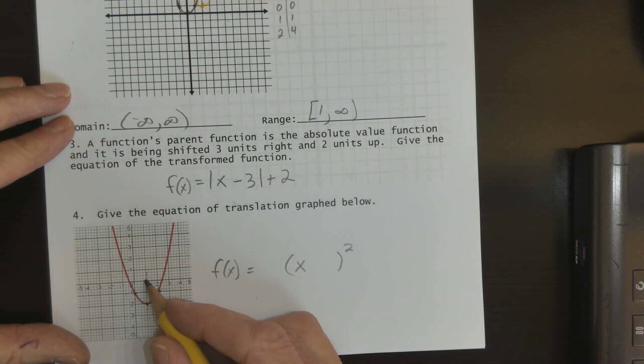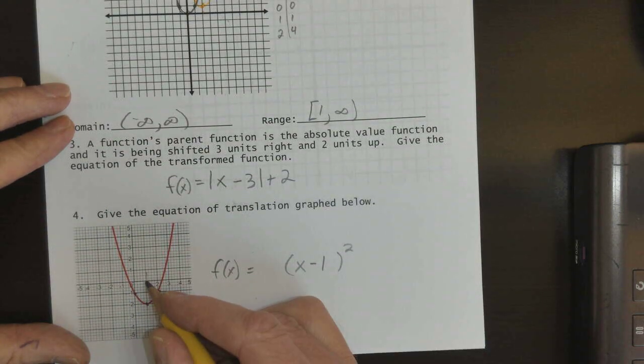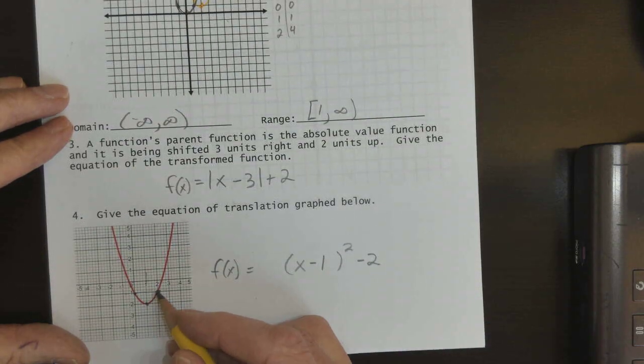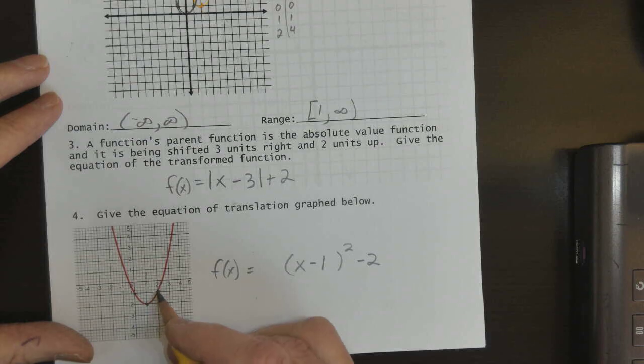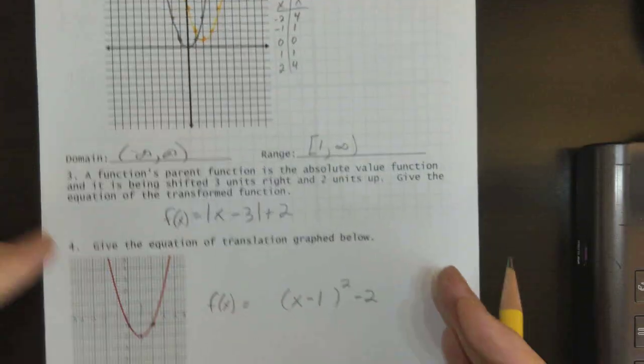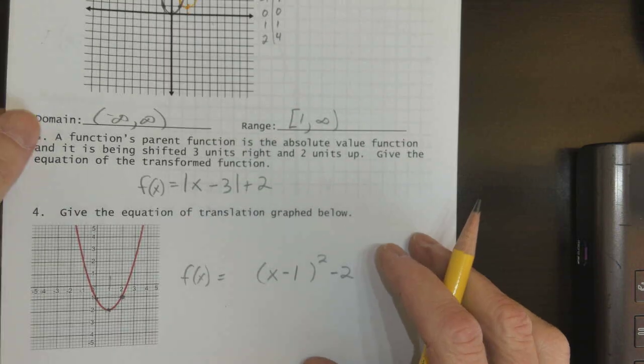Looks like we shifted it 1 unit to the right, so I'll go -1 there, and 2 units down, and I'll go -2 there. If I go 1 over, it's going 1 over, 1 up, just like this one. So it's not been flipped or anything like that.